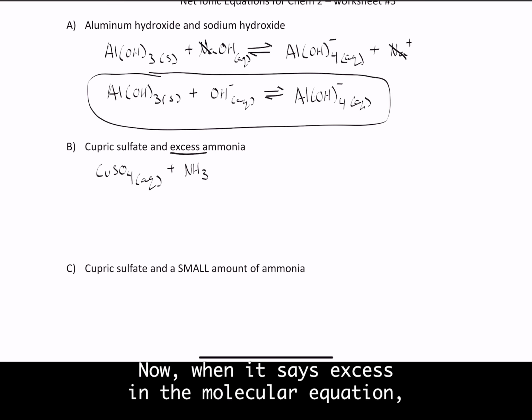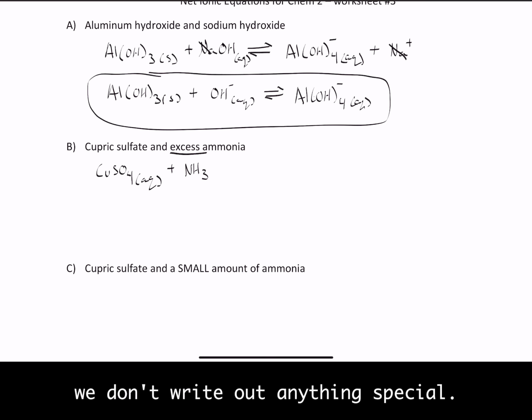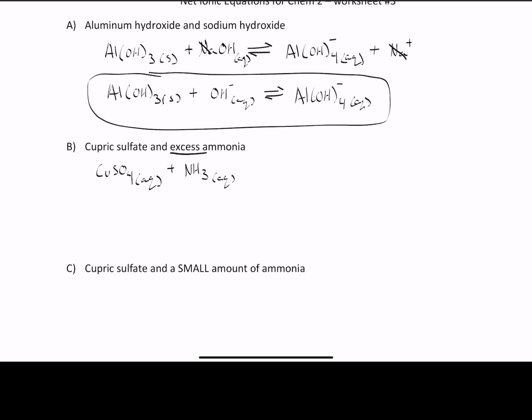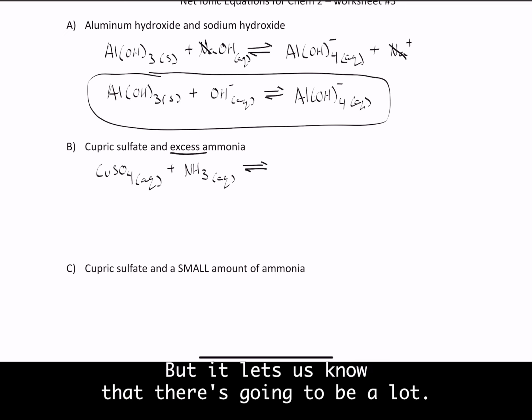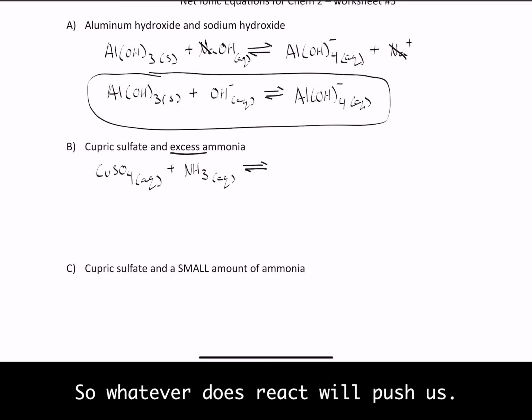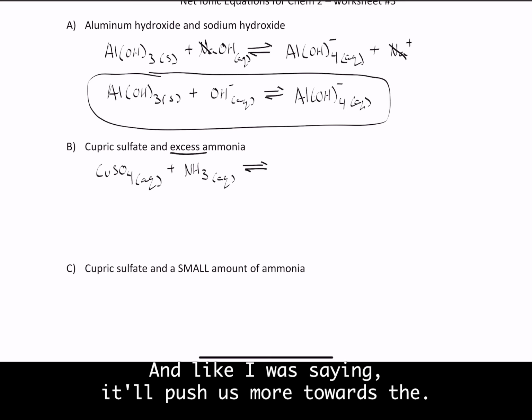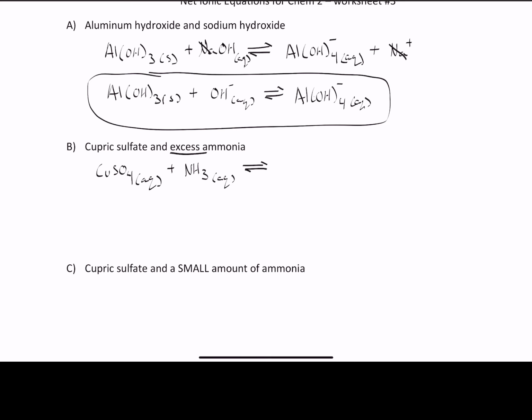Now when it says excess in the molecular equation, we don't write out anything special. But it lets us know that there's going to be a lot, so whatever does react will push us more towards, I guess it's also a hint that there might be a complex ion.